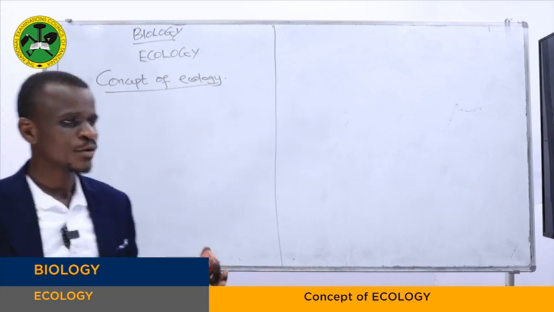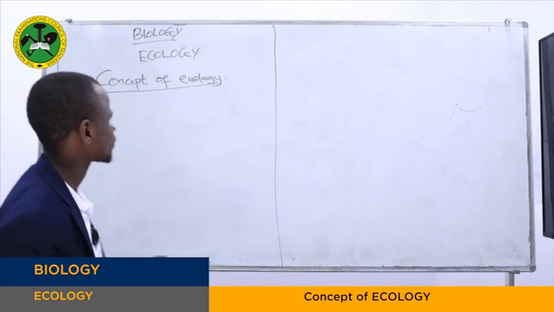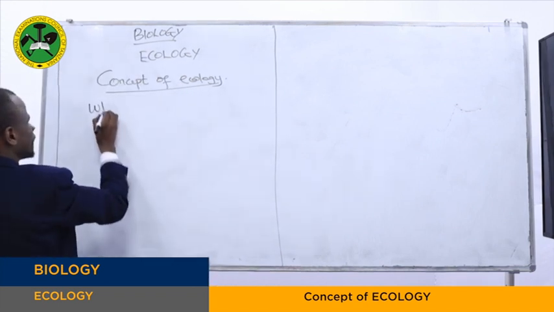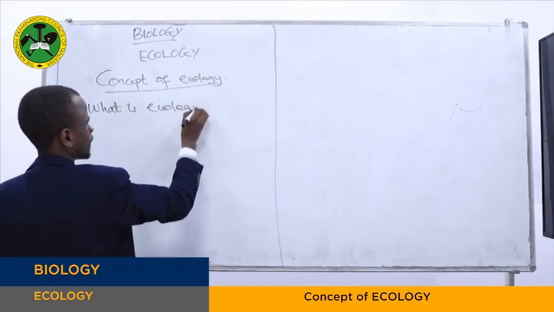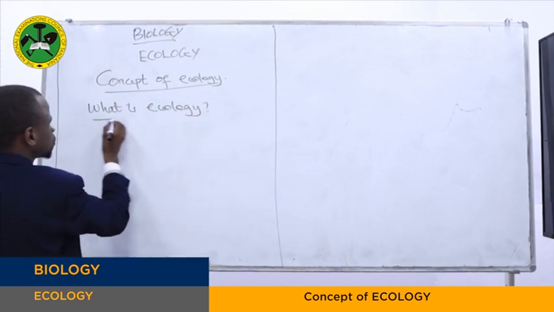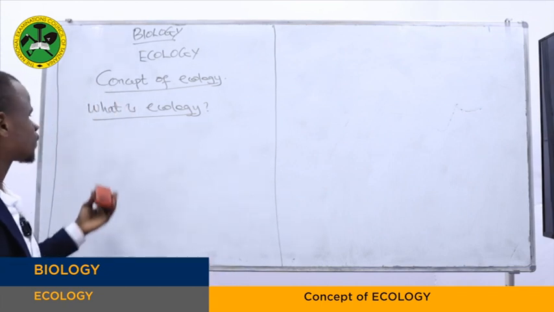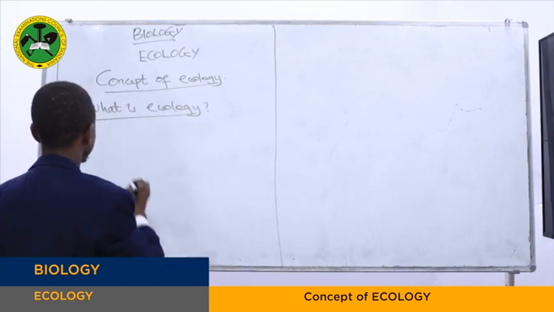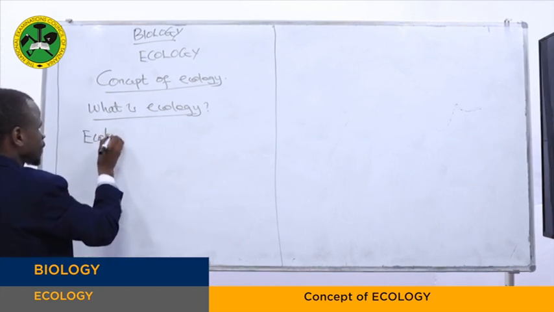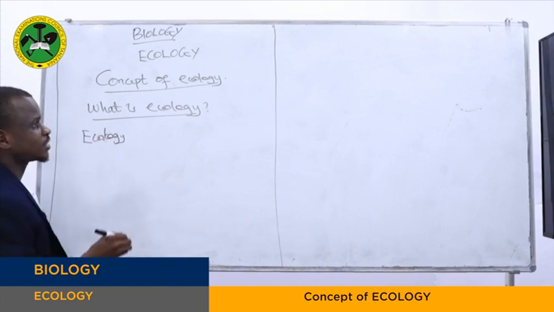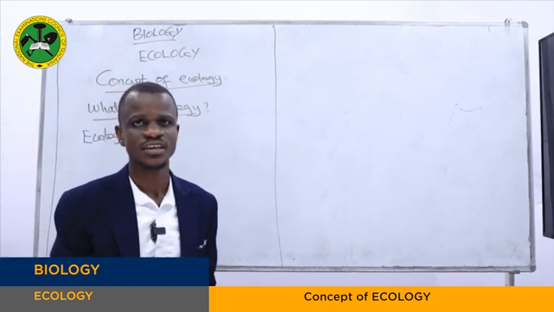Before we go to the guiding question, let us know what is ecology. In Form 2, you were taught a topic called balance of nature. Therefore, here we will extend a little bit. My student, in ecology, we see the organism and the environment.